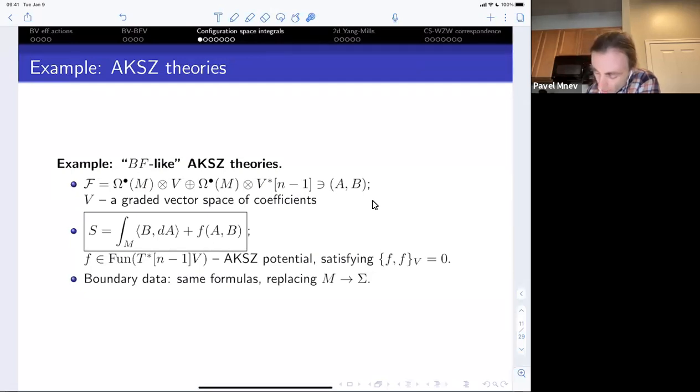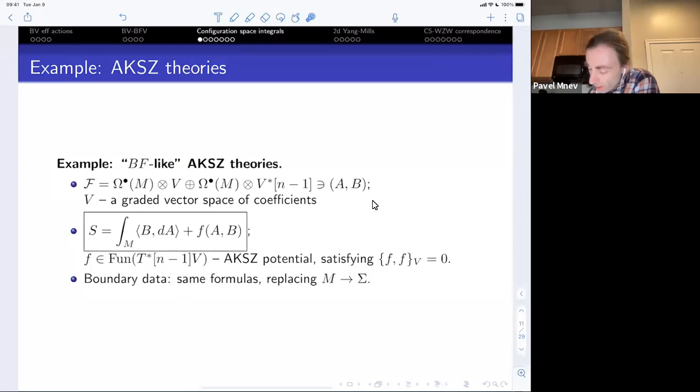The action is BdA, the kinetic term, plus some potential term, which comes from a function on the cotangent bundle of this coefficient space V with a degree shift. I want to pick a function which satisfies a consistency condition: the Poisson bracket of F with F vanishes with respect to the symplectic structure on this cotangent bundle.